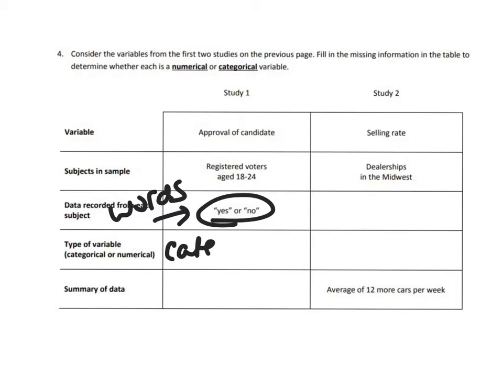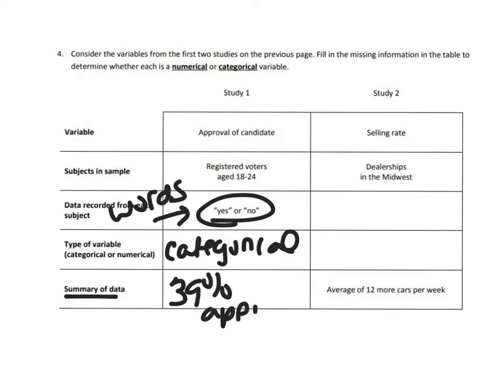So that's categorical. And then if you look, the summary of the data, they said it was 39%. So even though this is a number, it's not considered numerical, because the answer to the question is whether they approved or not, and they said yes or no. And so that means it's categorical. So that is the answer to that.